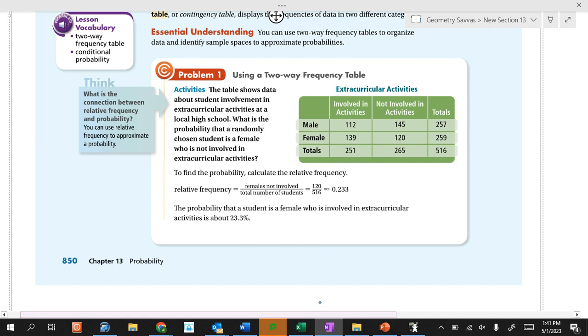Female not involved is 120 out of the total number of students. Okay, out of the total number of students. Because they were just looking for the probability the student is female who is not involved. Okay.